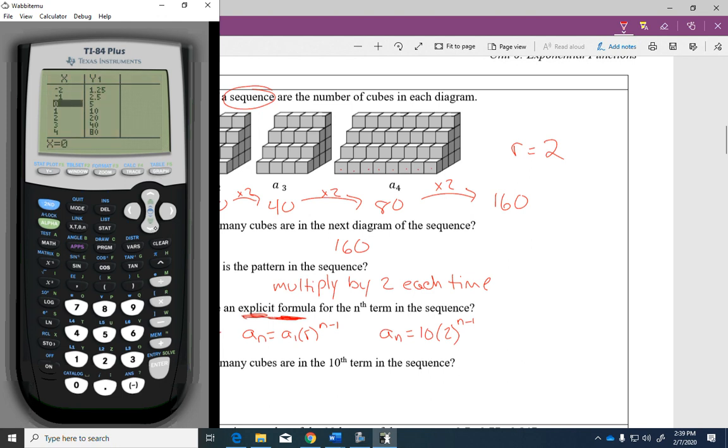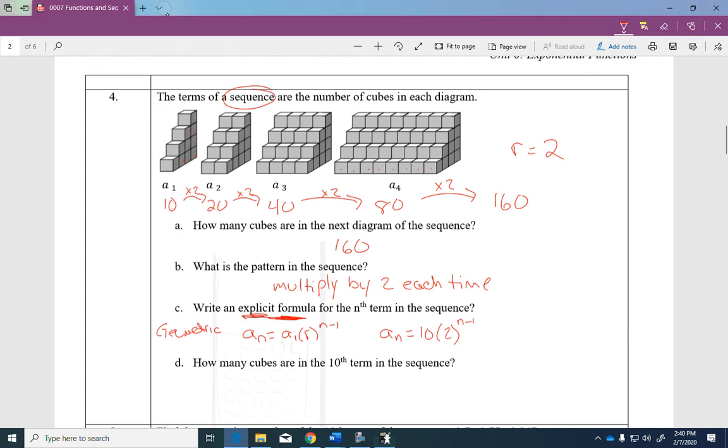Remember, the first term is when x is 1. So my first term has 10, my second term has 20, my third term has 40, my fourth term has 80. It's definitely matching what the sequence is on my paper. So I'm confident that I have the right explicit formula, and I can move on.